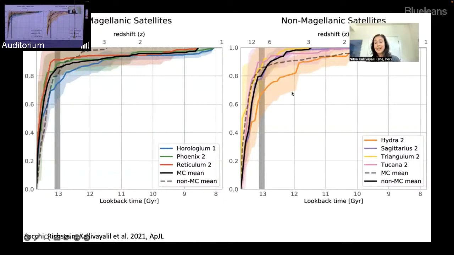So the LMC average, this population of dwarf galaxies, is roughly 600 megayears younger than the Milky Way average. So again, LMC systems have managed to eke out star formation for longer than Milky Way systems.